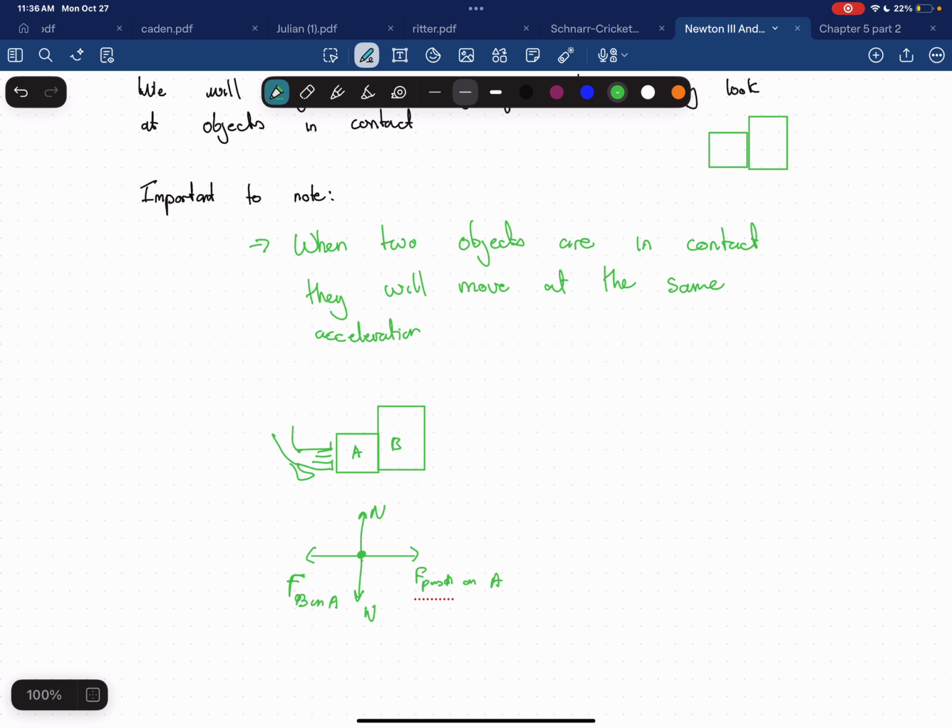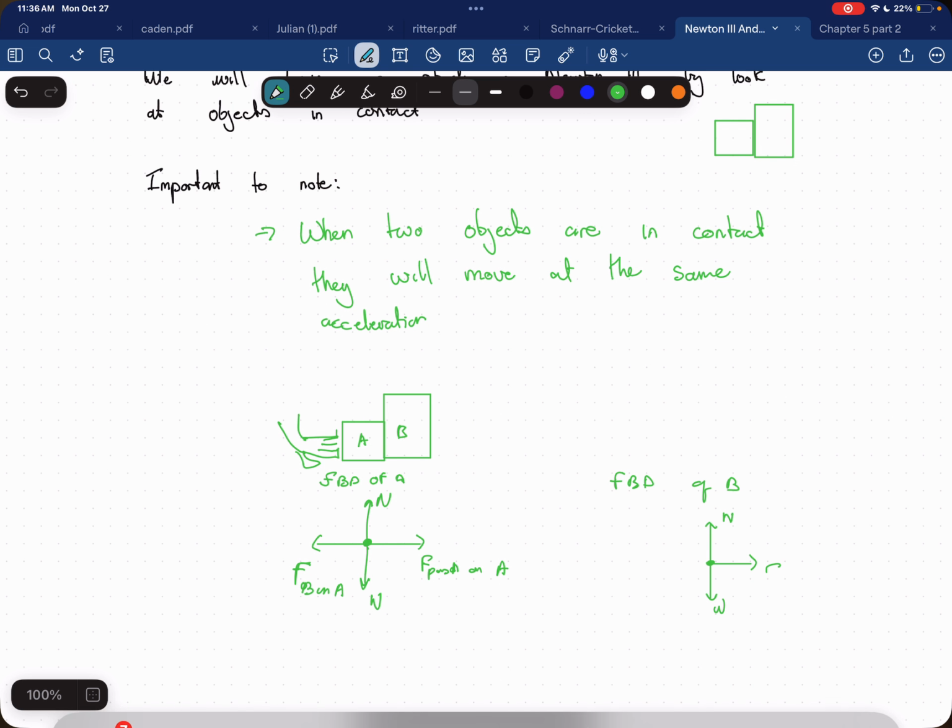So this is the free body diagram of A. Then if I have my free body diagram of B, I have the normal force, weight as well. We'll only have the force of A on B.